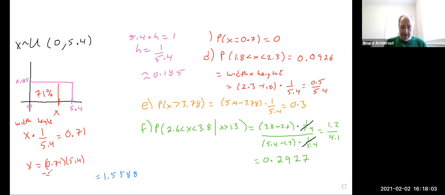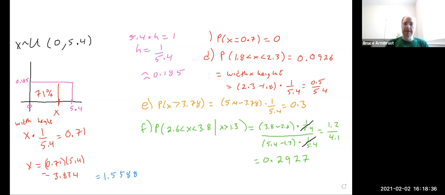Multiply those two guys together. And I get 3.834. Okay, so if you wait 3.834, there's a 71% chance that you saw the wave crash down on the beach.